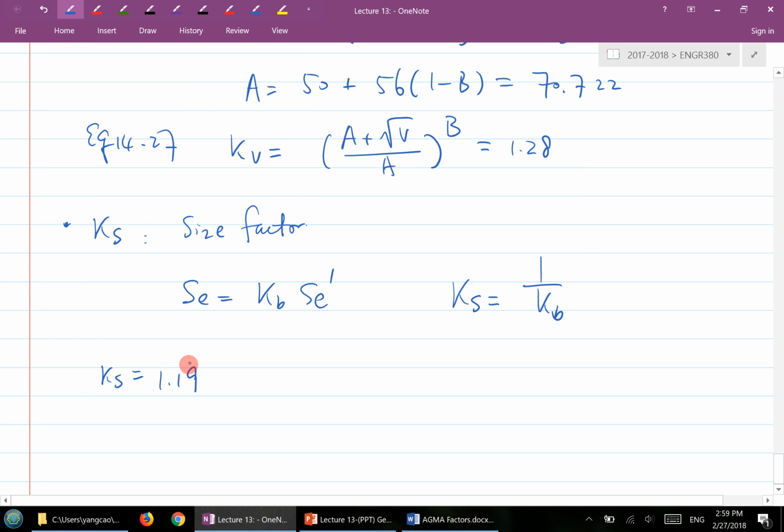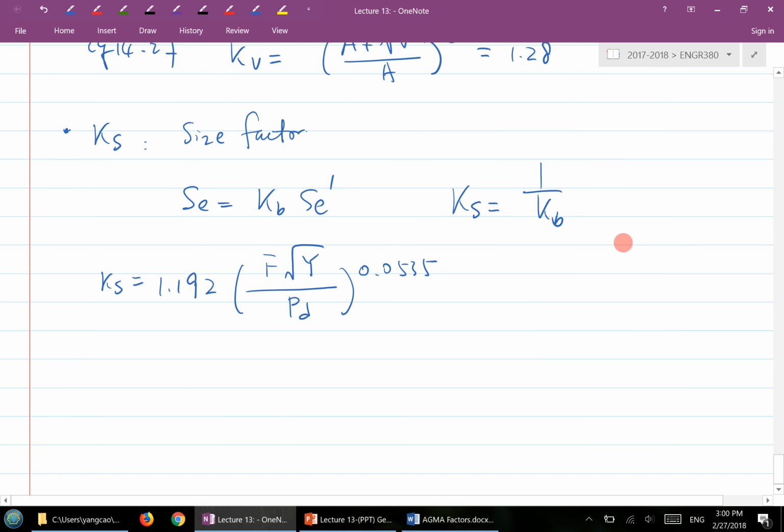So Ks equals 1.192 times (F root Y over Pd) to the power of 0.0535. We'll use this formula for calculating the size factor here. Pd is the diametral pitch, F is the face width, Y is the Lewis form factor, right? Lewis form factor here. Now, because the Lewis form factor is related to the number of teeth, for the pinion you have 22. So your Y factor for the pinion will be 0.331.